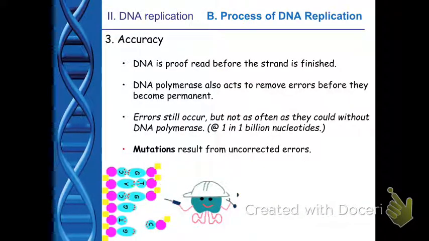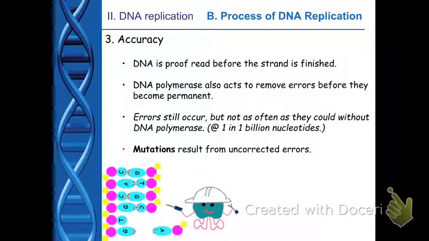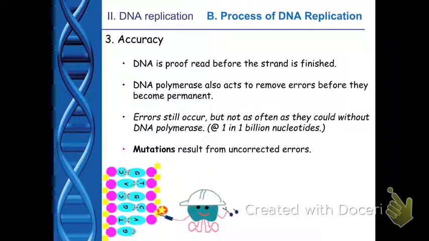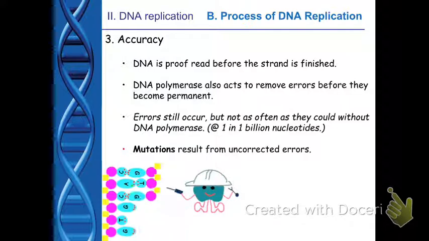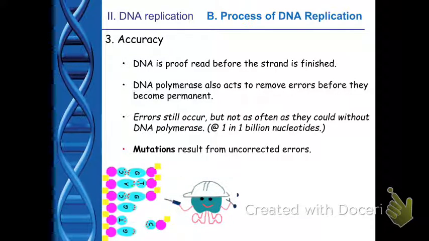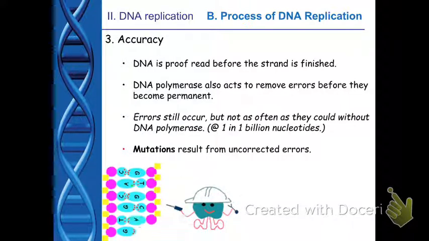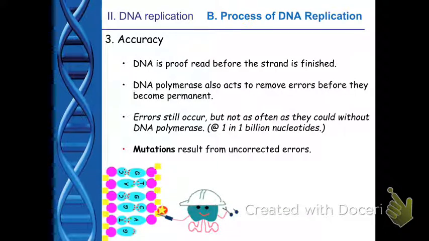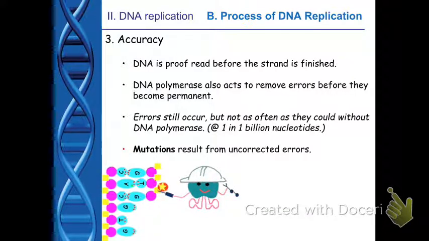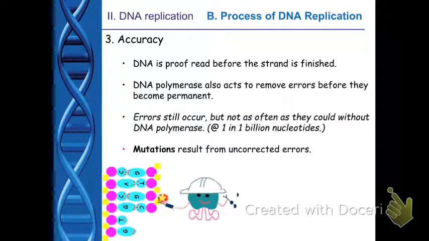And then the last step is you have to proofread, right? So you got to separate everything. You actually got to do the work at step 2, and then you got to proofread to make sure it's accurate, right? DNA polymerase also double checks what's going on, but errors still happen.